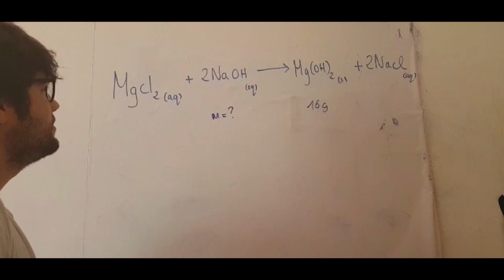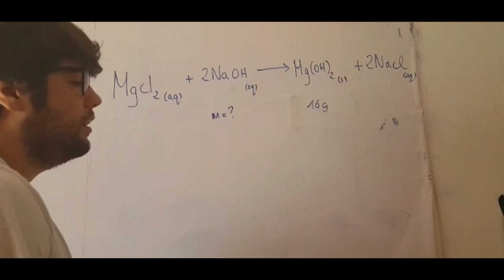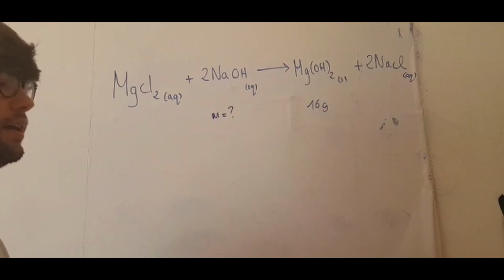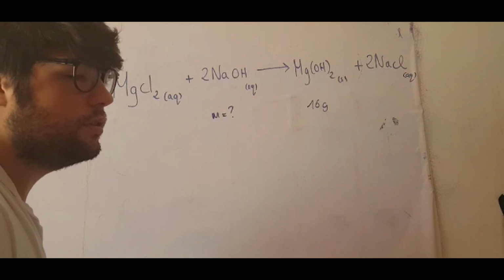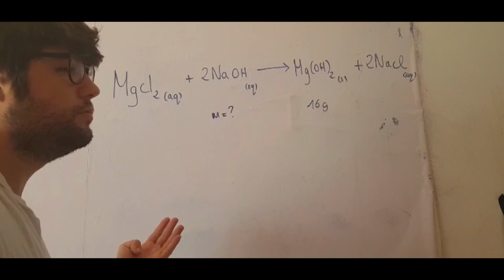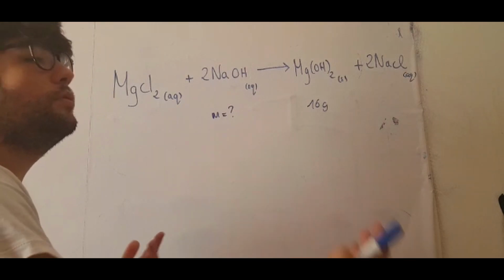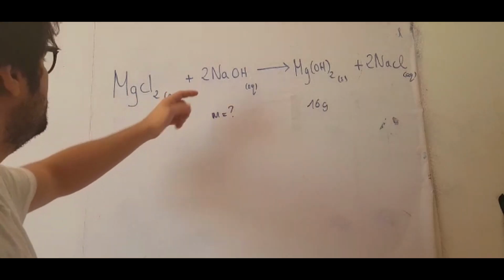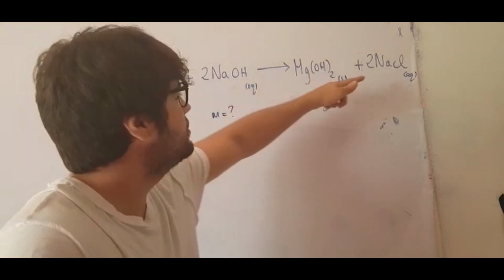Well, the first thing I have to see here is that this is not much different from a cooking recipe. In a cooking recipe, we get 1 teaspoon of water, 2 teaspoons of salt, then we put maybe 4 teaspoons of milk. You know, it's proportions. And here we've got proportions. 2, 1, 1, 2.